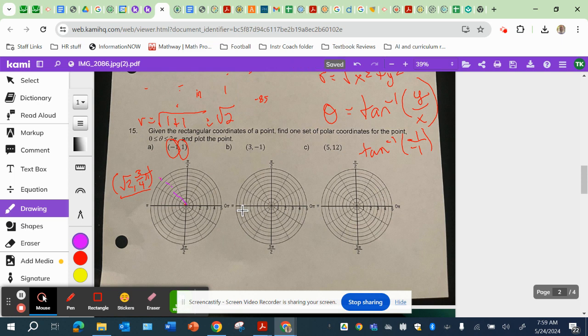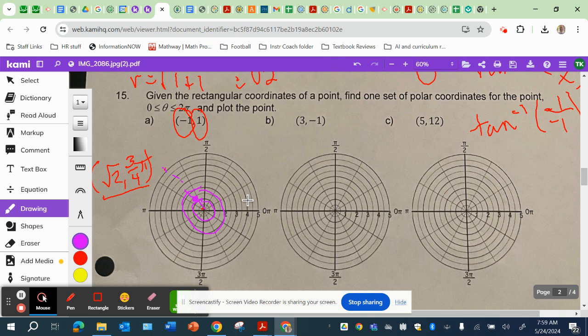So each one of these rings is equal to 1. So that's 1, and then that's 2. So it's somewhere in between there. That would be your point. Sorry, that's kind of hard to read.